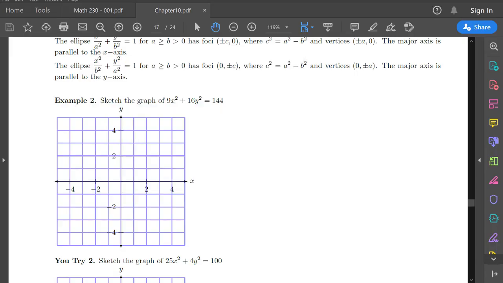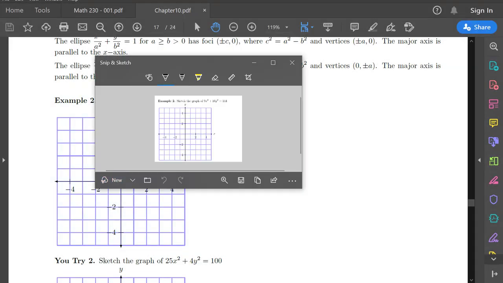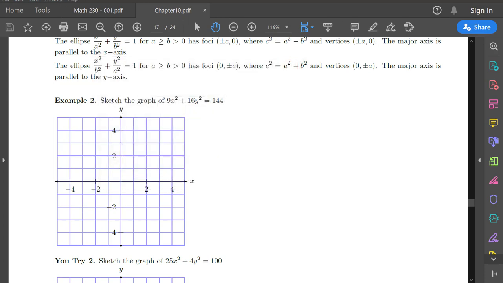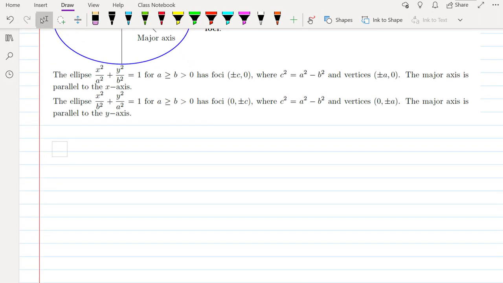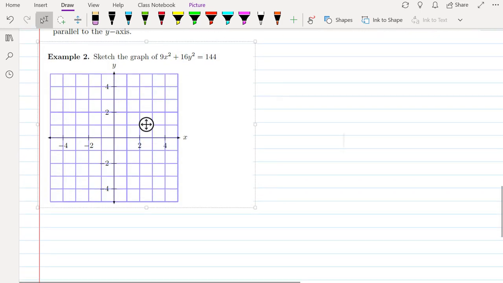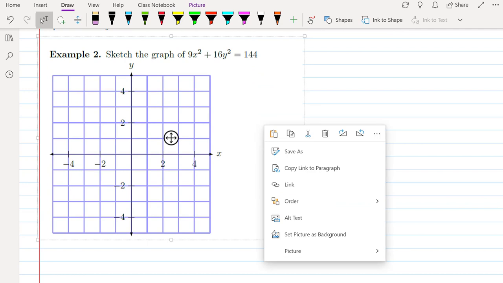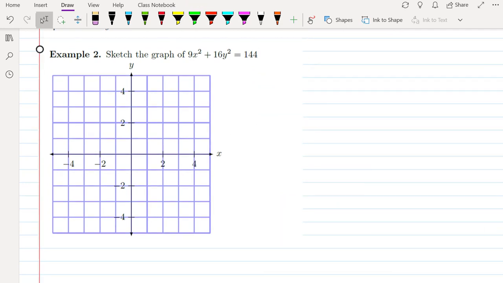Alright, so let's go ahead and sketch a graph of the following ellipse. So we have 9x squared plus 16y squared equals 144.